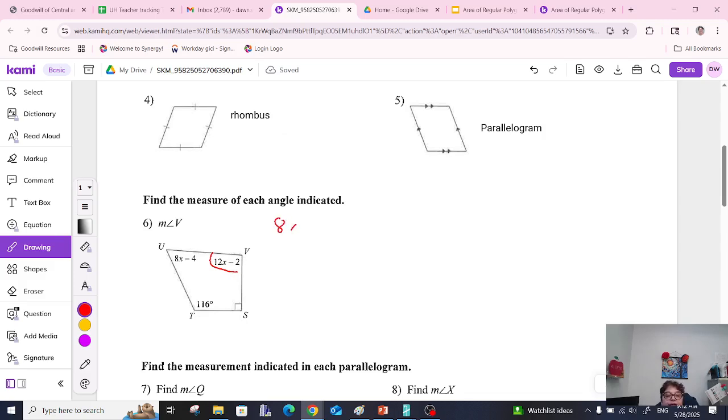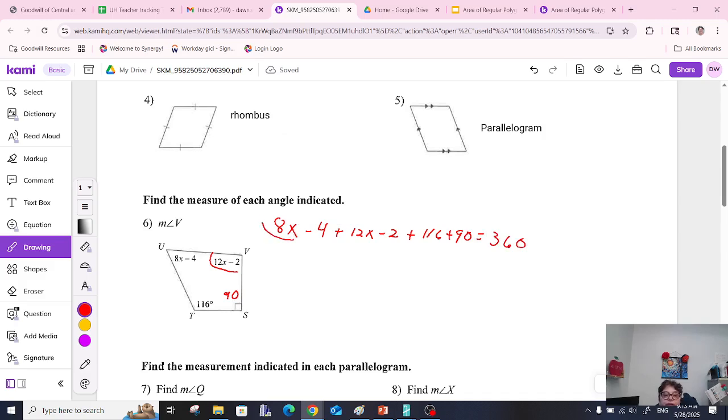So 8x minus 4 plus 12x minus 2 plus 116. What about this one here? 90. Please don't forget to put in the 90. And that all has to add up to 360.